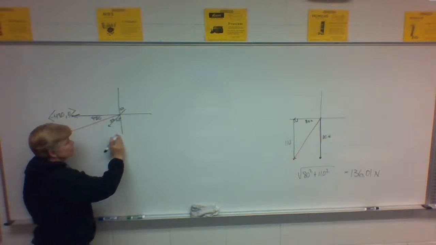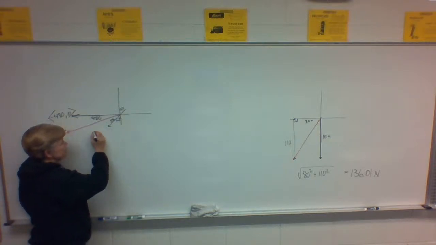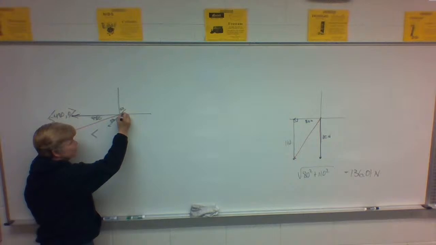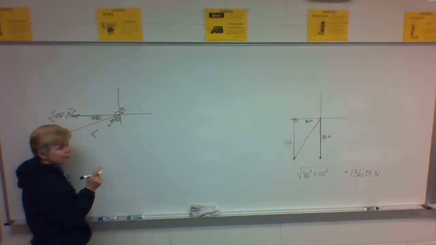What do we have to use, the whole angle or just the triangle angle? No, you have to use the angle made from here around to here. Remember, if you're going to make vectors, you have to put the angles in here this way. You still have to do it the normal way of direction that we've been learning all year long.